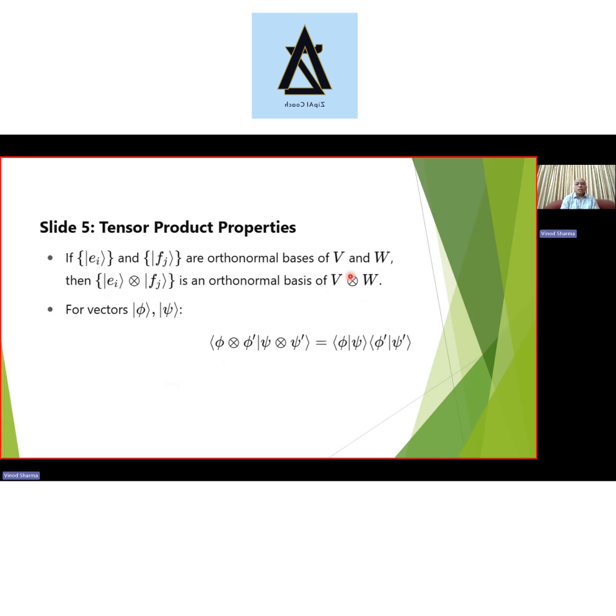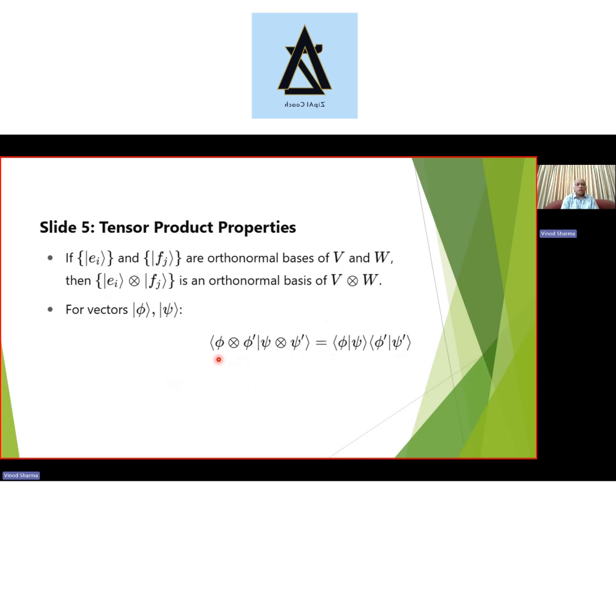And if V has an inner product, and W has an inner product, then the vector space that we obtained also has an inner product, which is given by the following. If phi is a vector in V, psi is a vector in W, and similarly phi prime is a vector in V, psi prime is a vector in W, then phi tensor psi and phi prime tensor psi prime are vectors in this space, and the inner product of them is defined by this.